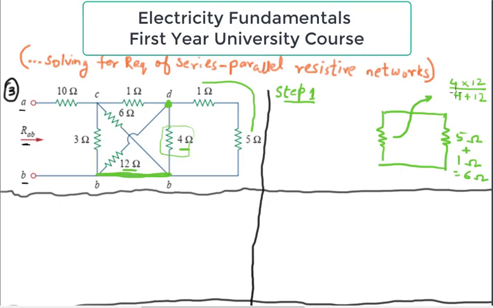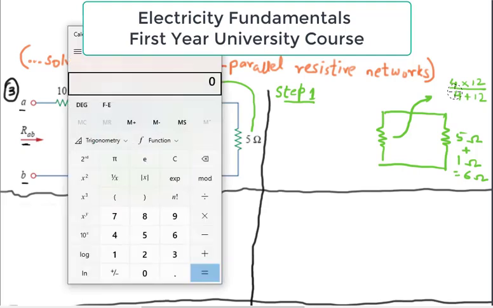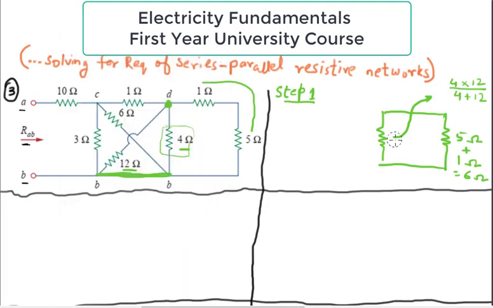So let me do that sum with a calculator. So 48 divided by 16, which results in 3. So this resistor is essentially 3 ohms now.